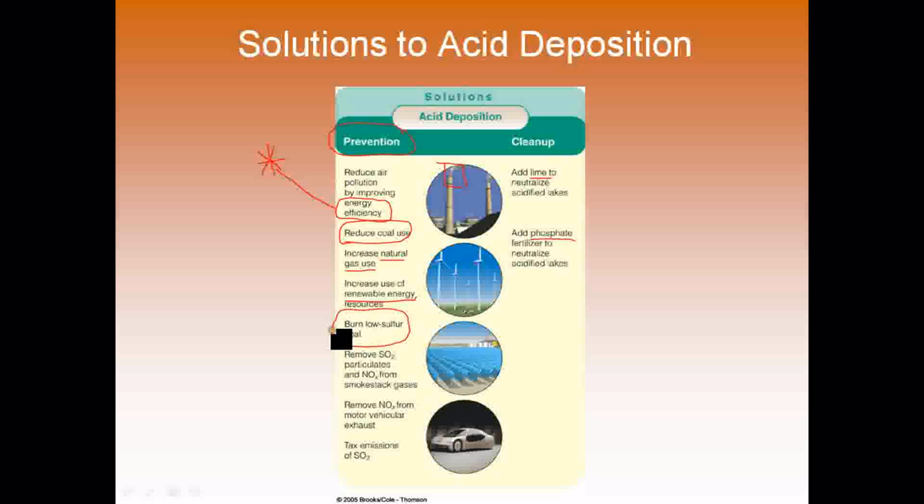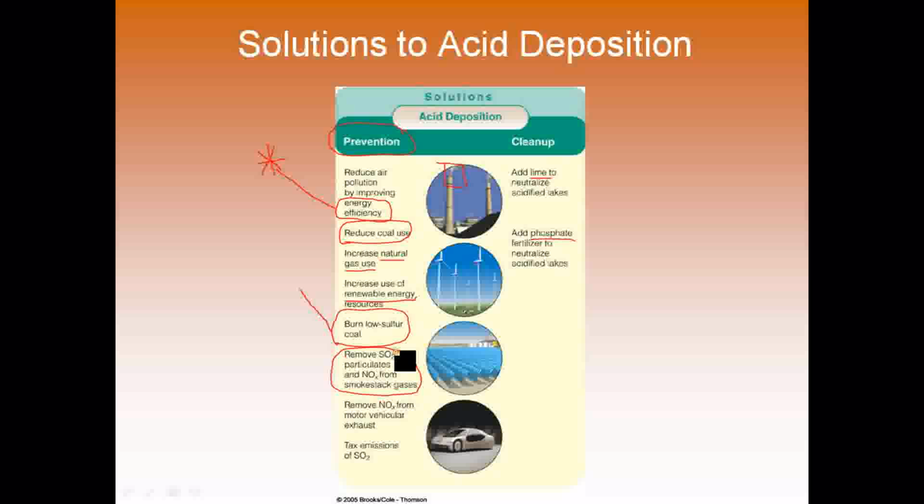But if you can talk to your power plant about being more environmentally conscious when it comes to the purchase of their fuel, they can burn low sulfur coal. Now, if we can't do that, we can try to remove the SO2 from what comes out of the smokestack in the first place. And the process that we use for that is coming up in the next video.